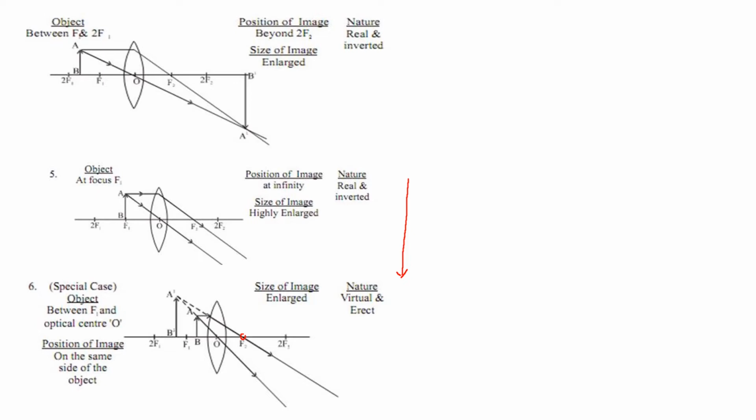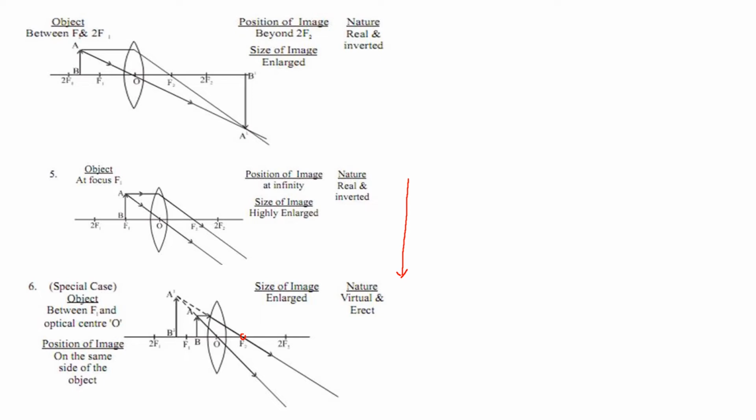So how is the image formed in such cases? In such cases we are going to extend these lines. This ray is extended back, and even this ray from here is extended back. Now you will see they are going to meet somewhere over here, right? And the image formed over here is erect. Erect images are always virtual, right?